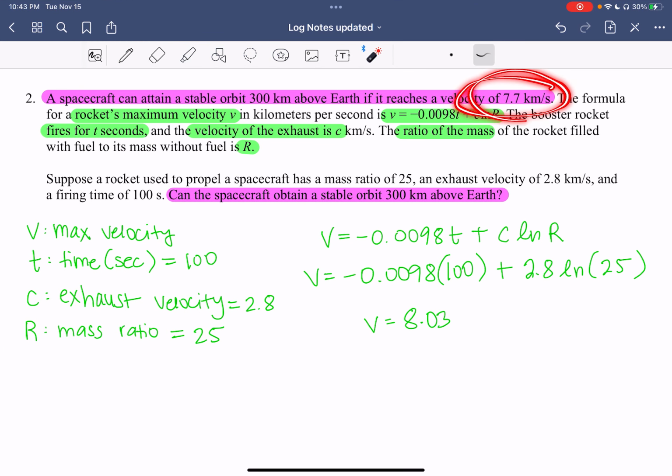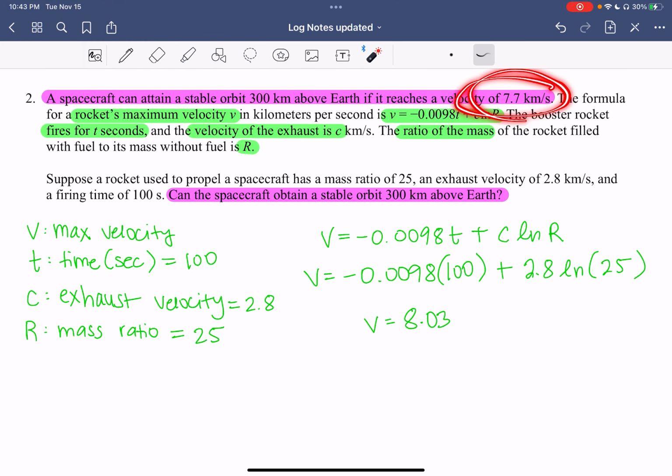Now for the answer. Can the spacecraft obtain a stable orbit? Remember, the condition was if it reaches 7.7. Ours reached 8.03. That's well above. So let's write the answer.